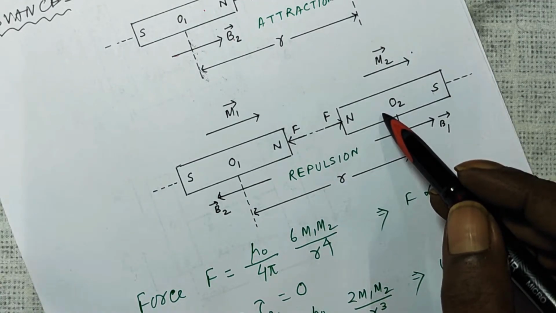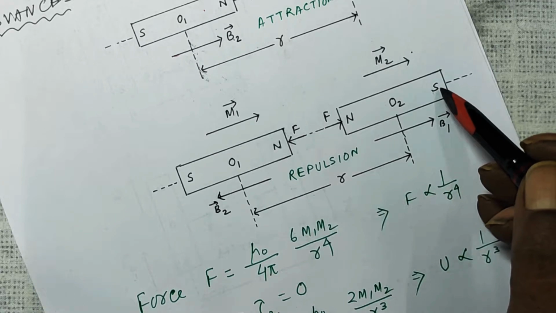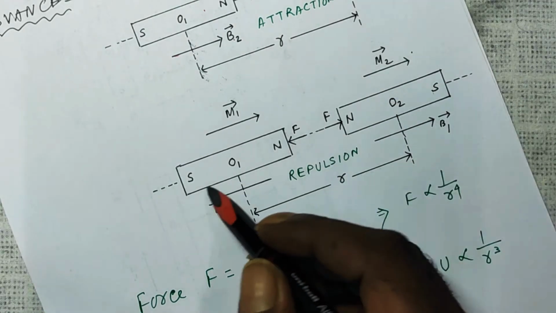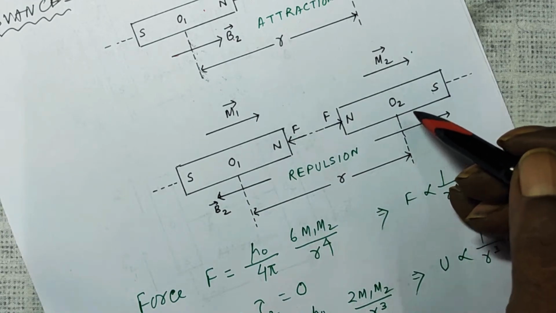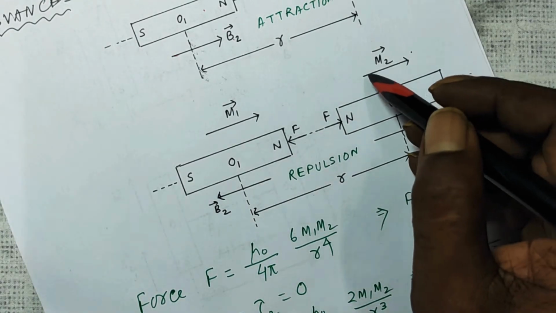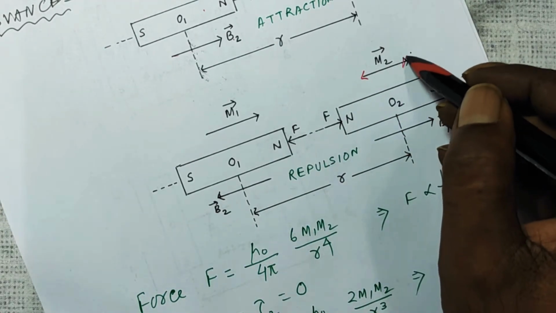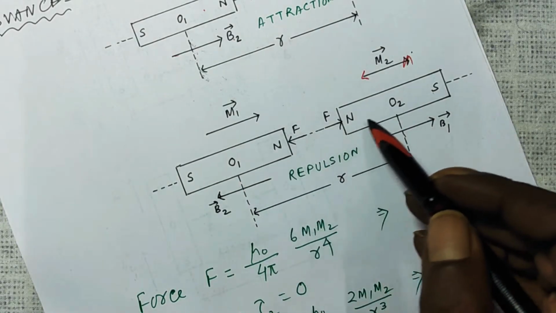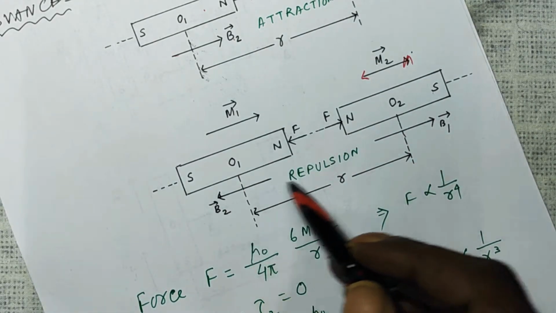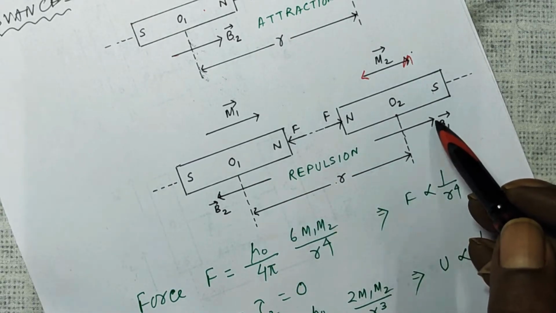Its magnetic moment will be m2 from south to north. m1 will be from south to north, to this side, right? And here the magnetic field due to this one was B2 to this side, and here at a distance r the magnetic field due to this was B1 to this side.